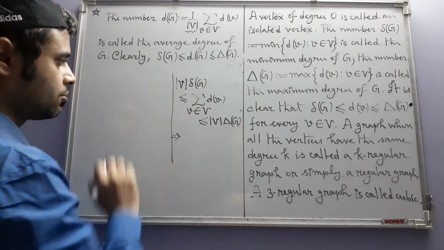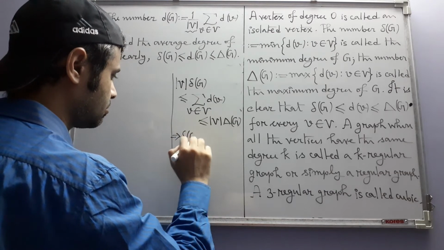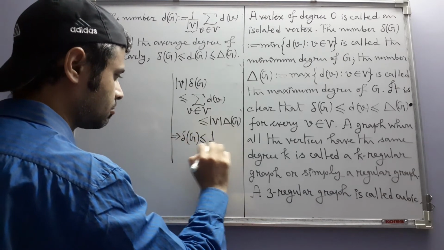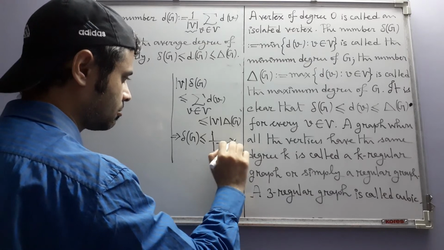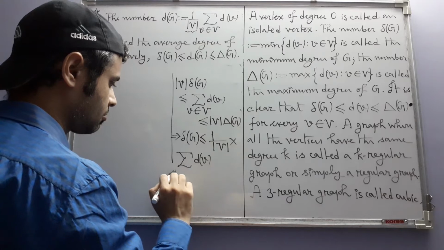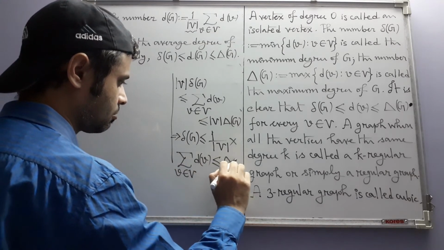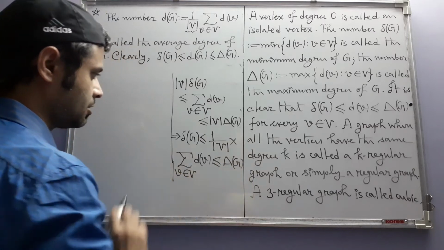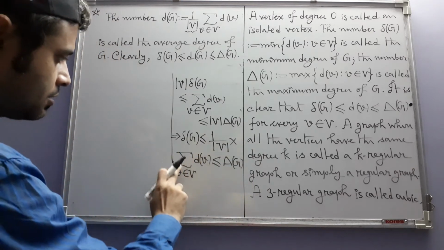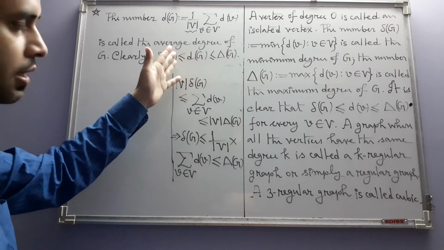Then you divide throughout by the order of the graph, and just note the fact that the quantity in the middle is the average degree. So that's how you get these inequalities.